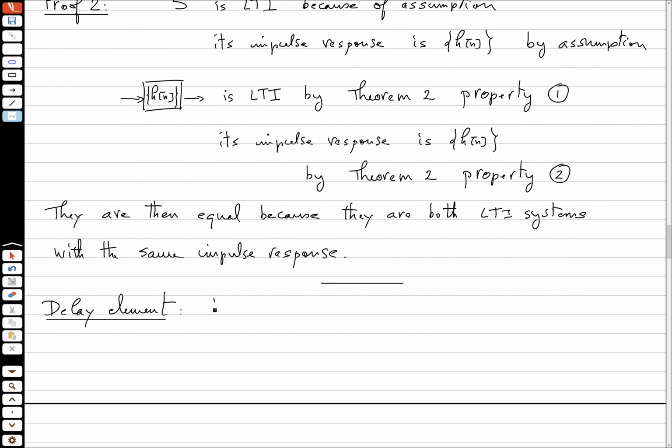The delay element is a system that is symbolized by this, and it is such that it maps x of n into its shifted version by 1. It's called delay element.